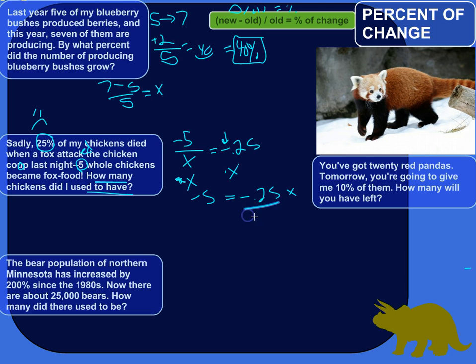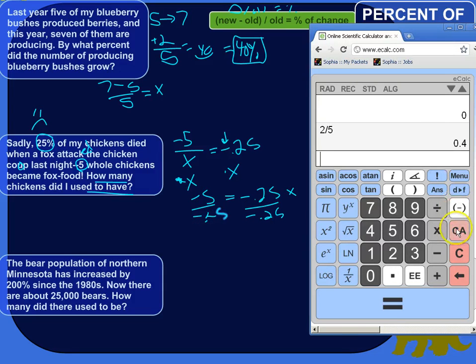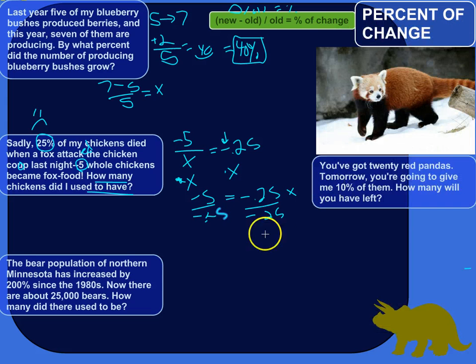Now I could divide both sides by negative 0.25. These negatives will cancel out, so on the calculator I'm just going to do 5 divided by 0.25. That's 20. X equals 20 chickens.